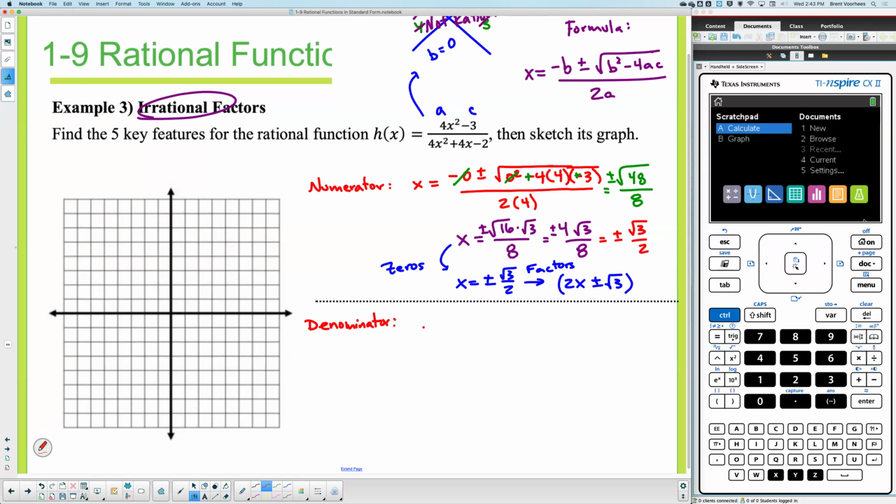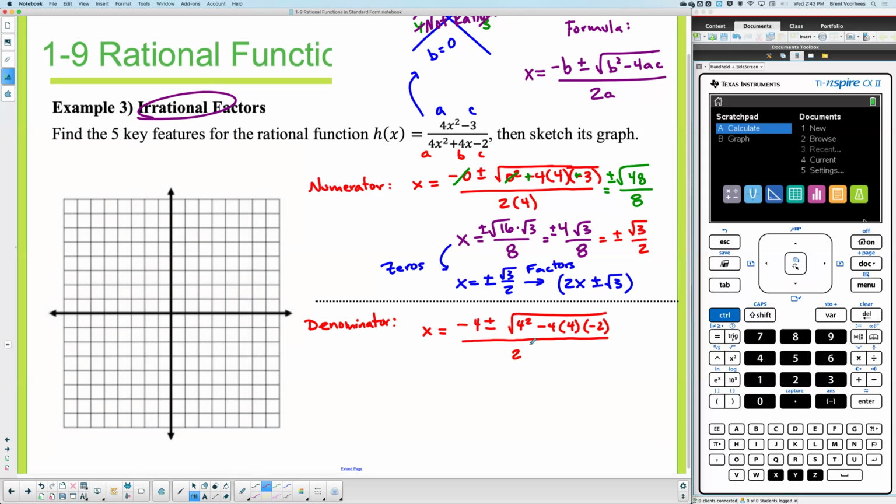Let's do this again. X equals negative b. What's our b in the denominator? 4. Negative 4 plus or minus square root 4 squared minus 4 times, what's our a? Times our c. -2, all divided by 2a.